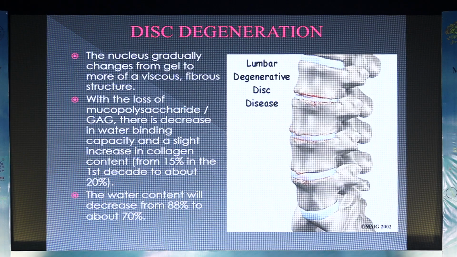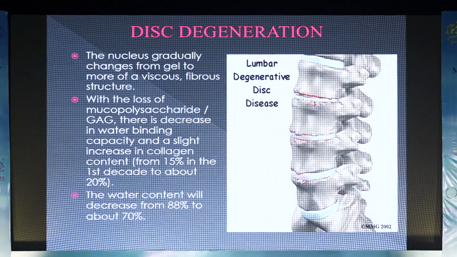So what is that process? You have got the nucleus pulposus. The composition of the nucleus pulposus is mucopolysaccharide plus water. About 85 to 90% of the nucleus pulposus is water content, and a few fibers are embedded, surrounded by annulus fibrosus.